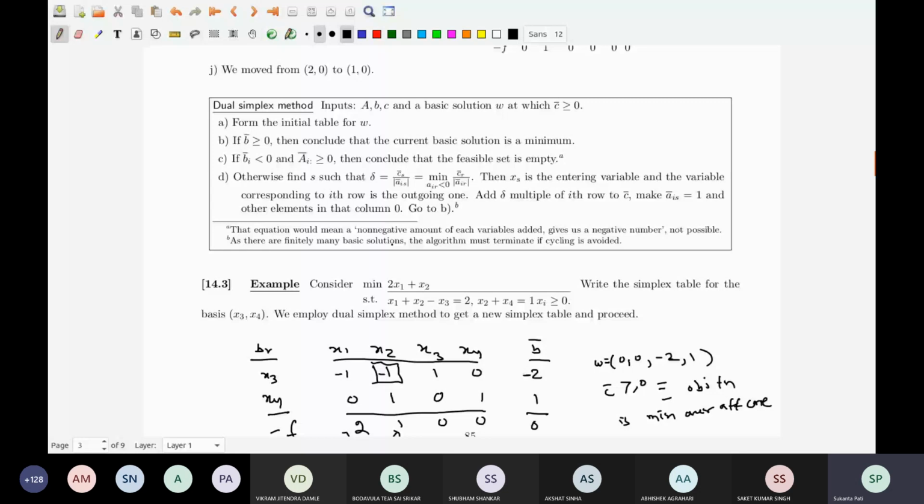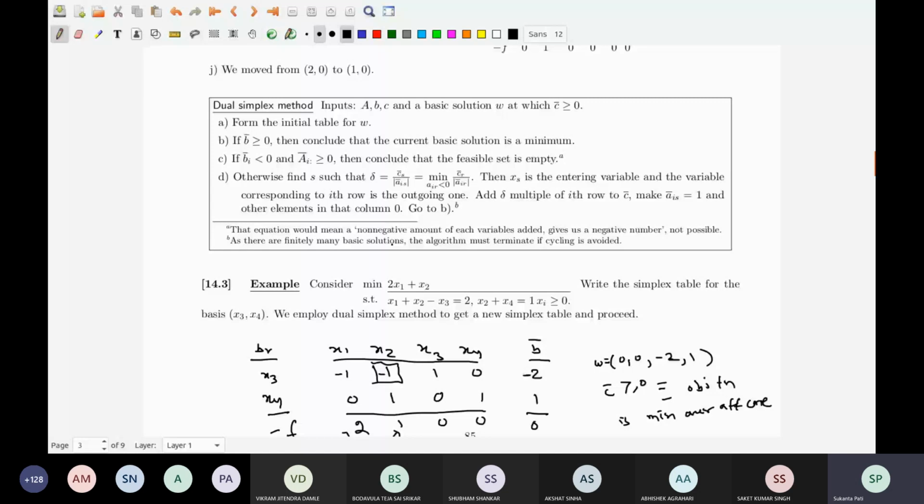So even if it is the degenerate case, how many ways can you get the same vertex? I mean, how many different bases can correspond to it? That is also finitely many. So because there are finitely many basic solutions, the algorithm must terminate if you are able to avoid cycling.